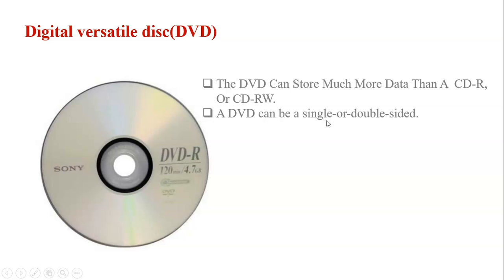And this DVD can be single sided or double sided. That means a DVD can be coated on both sides by reflecting metal, or sometimes some DVDs have only one side coated with aluminium. These DVDs are used especially for storing movies, films, games, songs, right? For all these, DVDs are used.